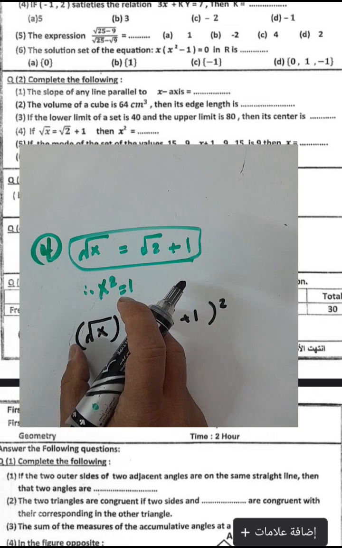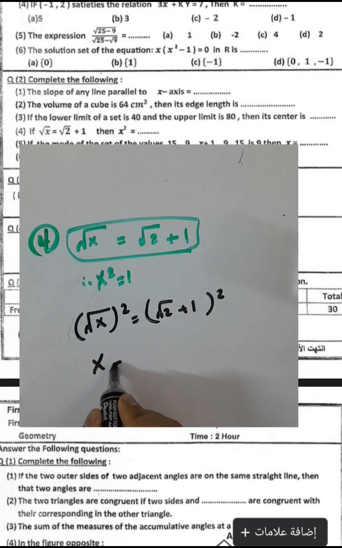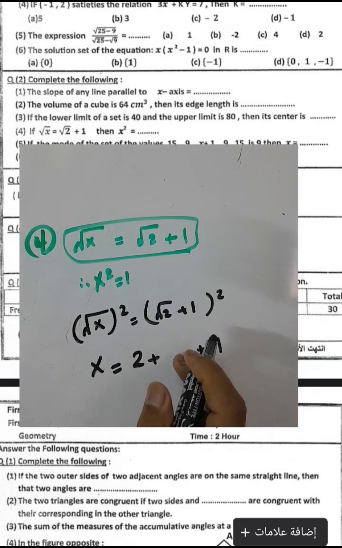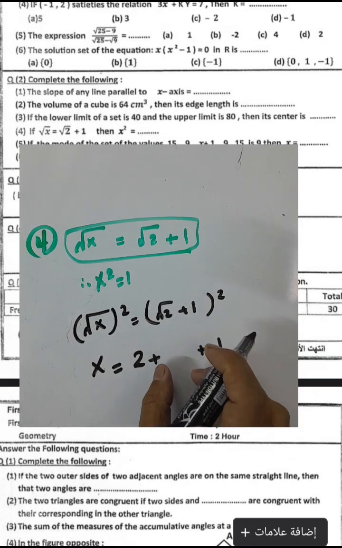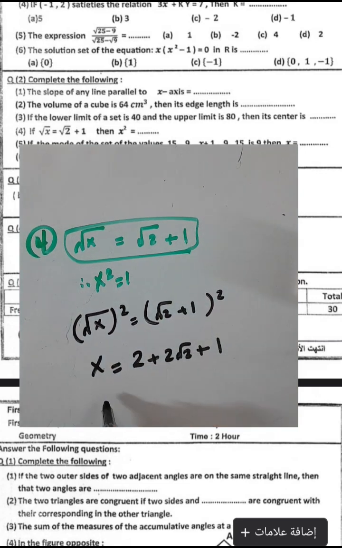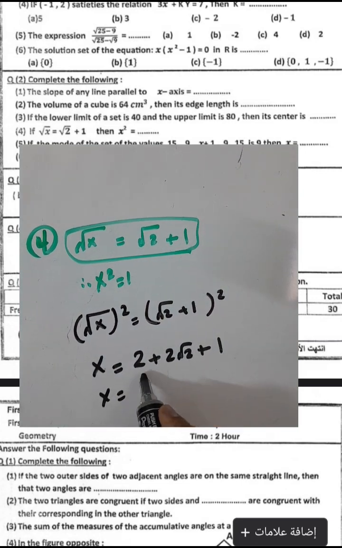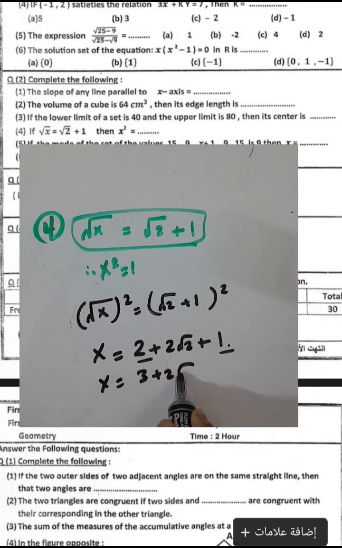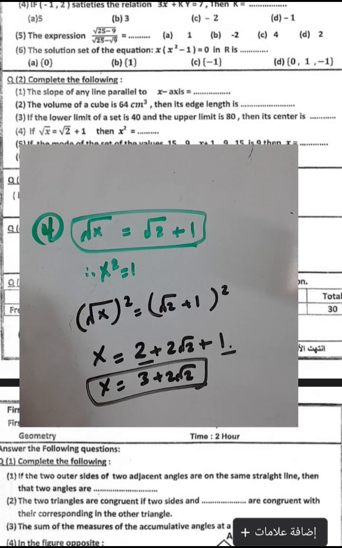And then root x power 2 will be x, and root 2 power 2 will be 2, and 1 power 2 will be 1. And the middle term here, we can find it by the product 2 by 1 by root 2. The result will be 2 root 2. Then the value of x will be 2 plus 1, using commutative properties here, 2 plus 1 equals 3, and write 2 root 2 behind it, the value of x here.